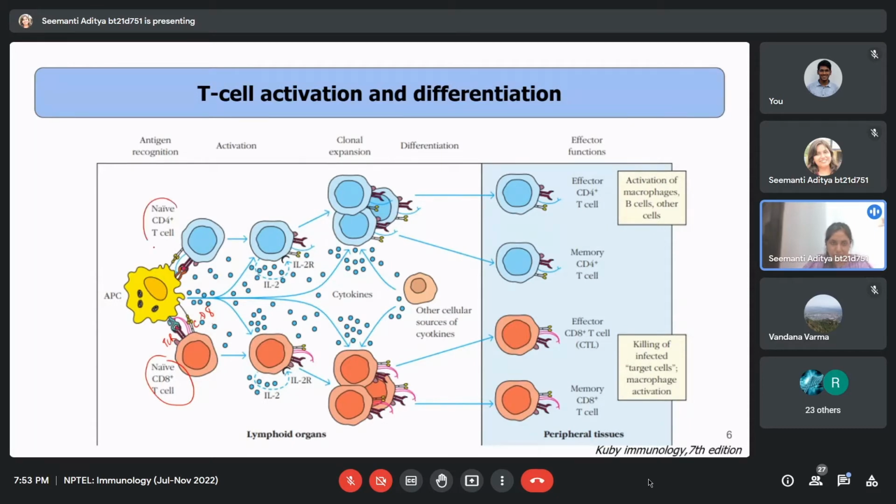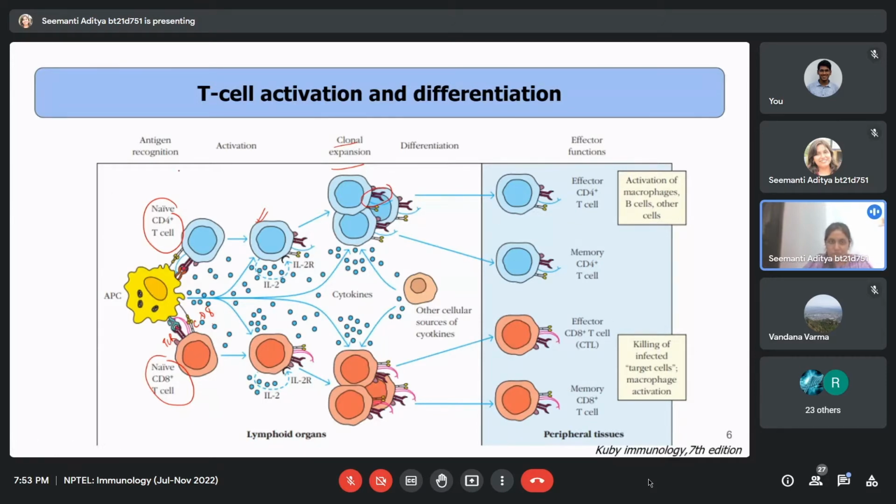Here it is CD4, and after it is finally recognizing this antigen, there will be more synthesis of cytokines and chemokines that is going to allow the proliferation of this single type of T cell. So a single type of T cell will grow and proliferate, and this is known as clonal expansion, where this T cell with the particular T cell receptor is going to go and bind to your antigen of interest.